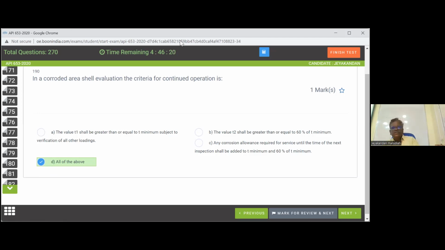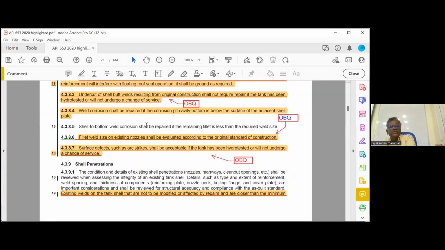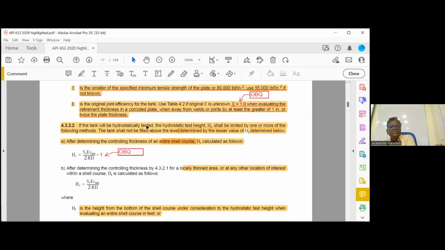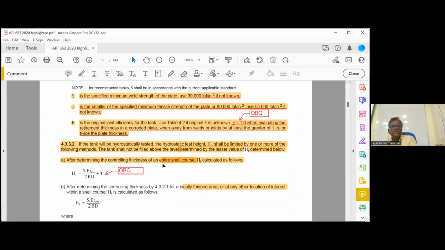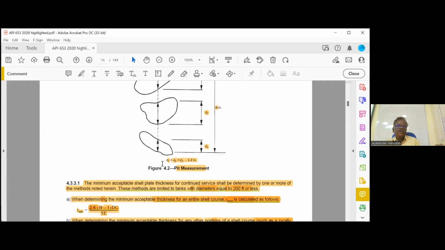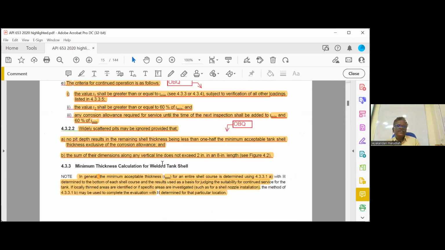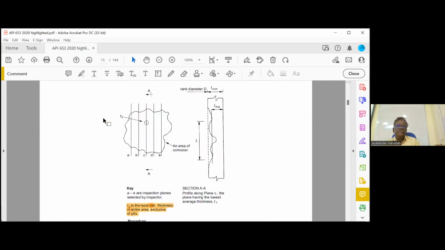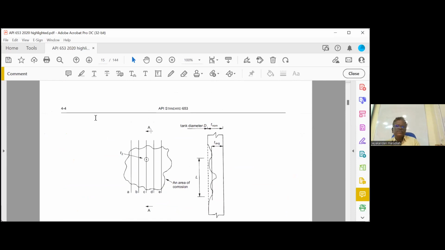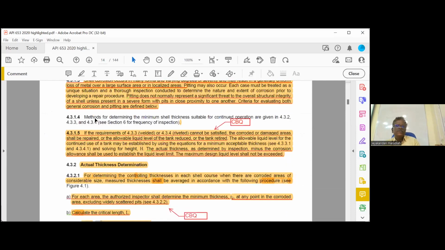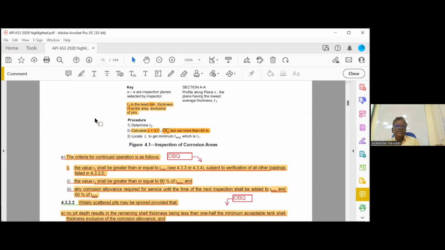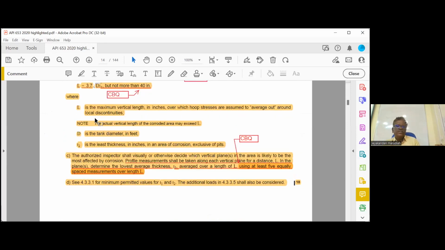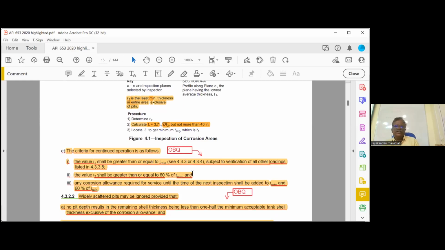These three conditions are given in here, 4.3.3.2. The criteria for what is the number? This is 4.3.2.1. Okay, 4.3.2 actually. This value shall be greater than T minimum here.